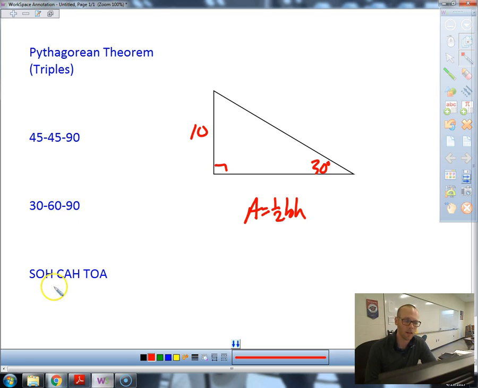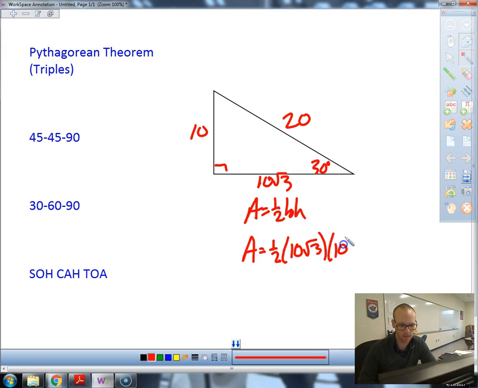Yes, it is. I could also use SOHCAHTOA, but I know 30-60-90s are a lot faster than that. Remembering my pattern here, this is 10, this is 20, this is 10 root 3. So, area formula, 1/2 the base, 10 root 3, times the height, 10.